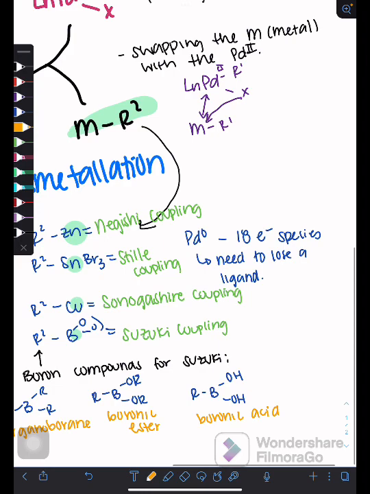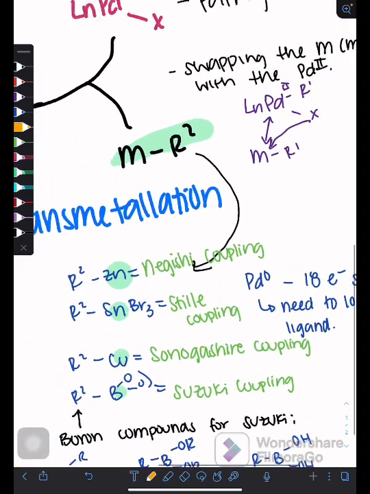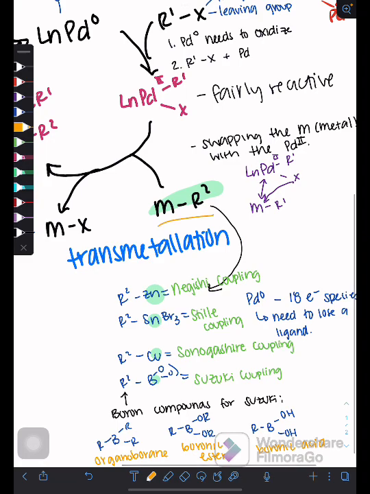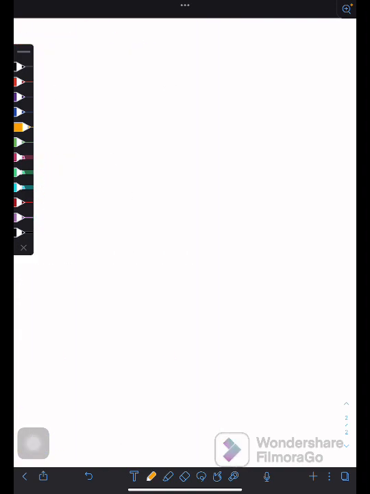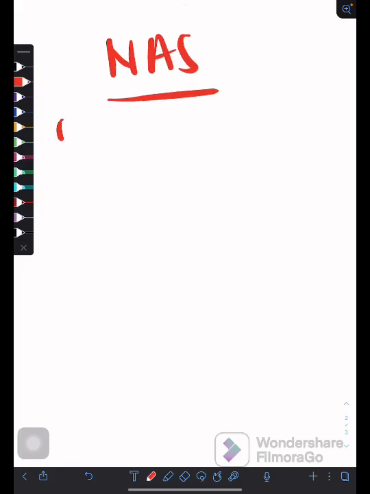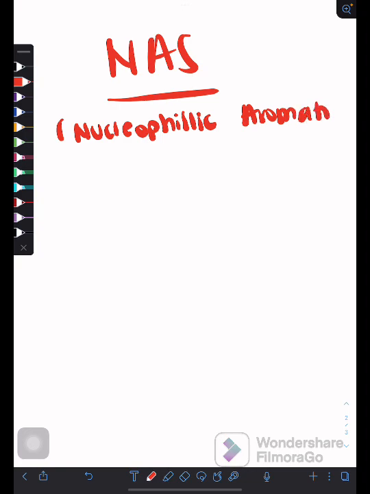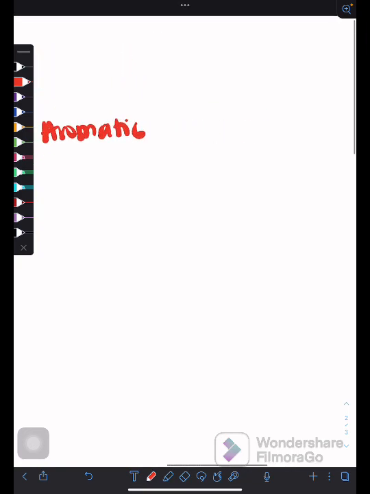So, these are just 4 different types of coupling reactions that can occur during this transmetallation step in the catalytic cycle. And then we're going to go on to talk about NAS reactions, or better known as nucleophilic aromatic substitution.